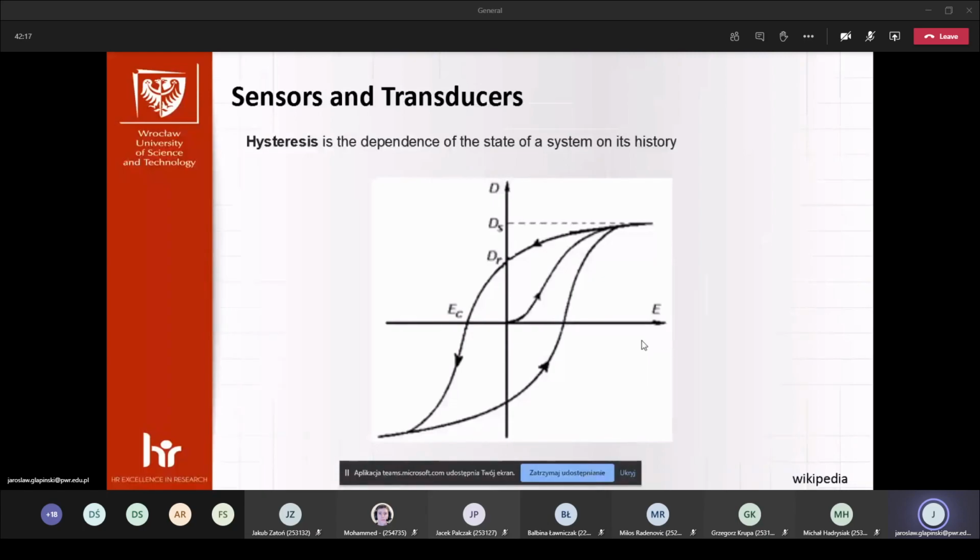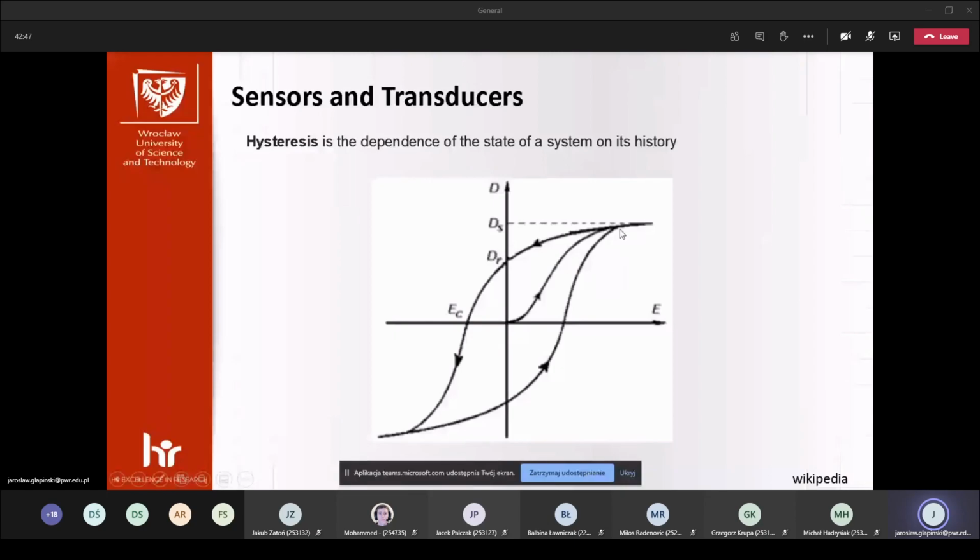So it can occur that we have some hysteresis. So if we measure, for example, a temperature, let's say this is the temperature, and we're using some sensor to measure the temperature in one way, going from the lower value to the higher value, we are going along this curve.